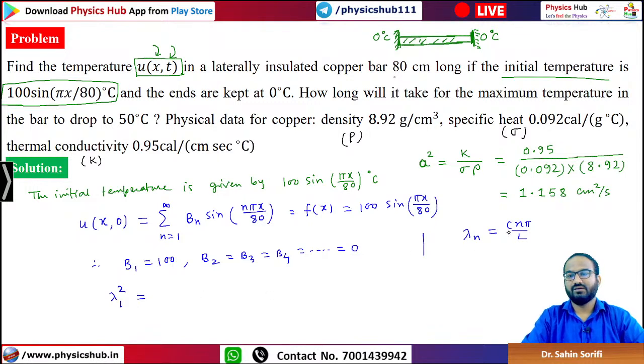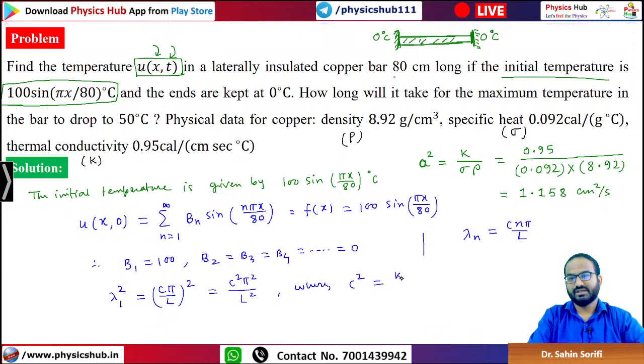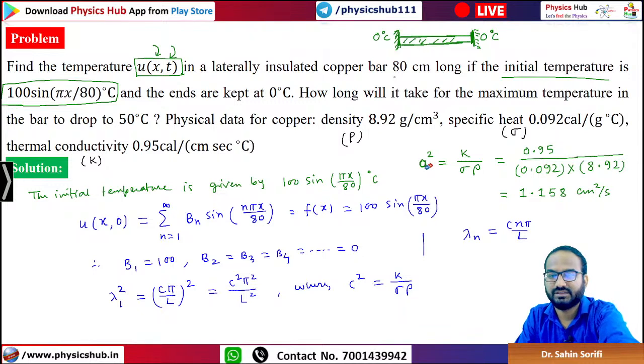So lambda 1 square will be c pi by L whole square. This is equal to c square pi square by L square, where c square is equal to k by sigma rho. We have written a square, so you can write c square.